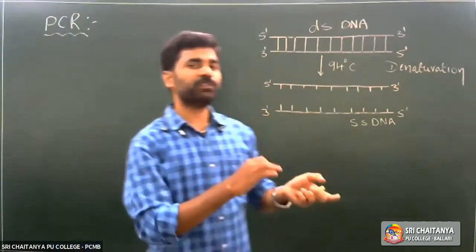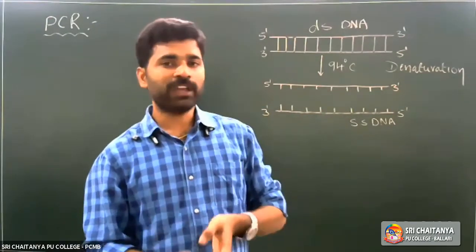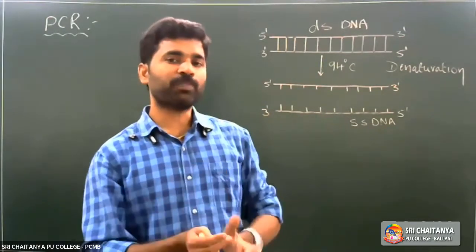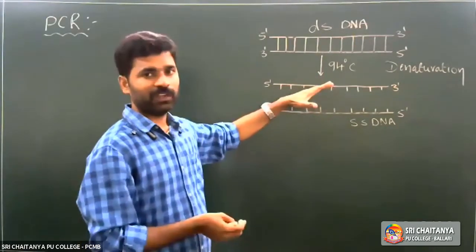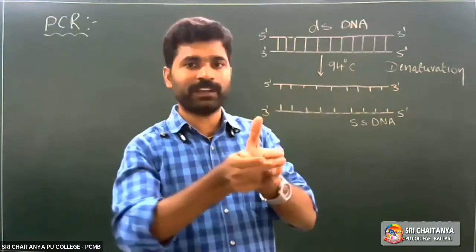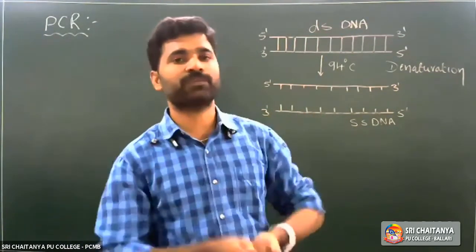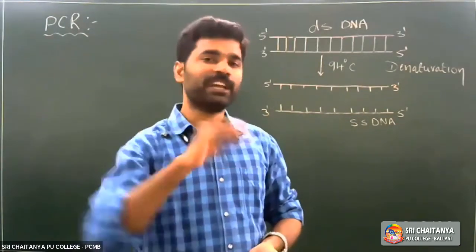Quite opposite to this is the renaturation process. What is renaturation? When we provide appropriate or suitable conditions to the DNA strands, they again come nearer together, start binding with each other, and this results in the formation of double stranded DNA. We call it renaturation.